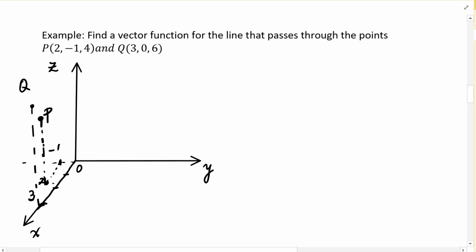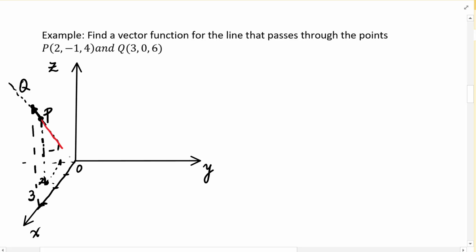So PQ would be this vector. And we want to find the vector function for the line that passes through these points.